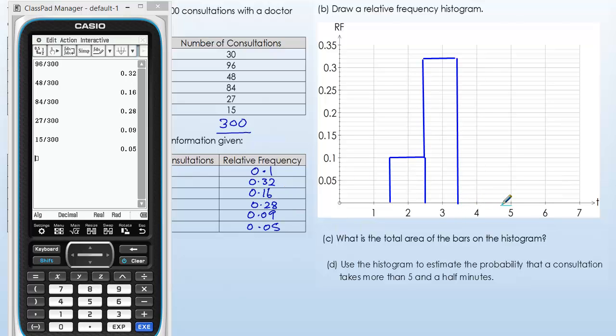0.16 from 3.5 to 4.5. Then 0.28. So that's about there.